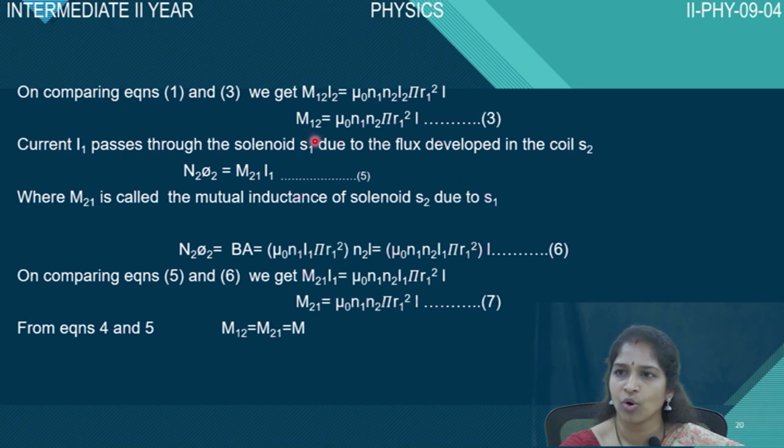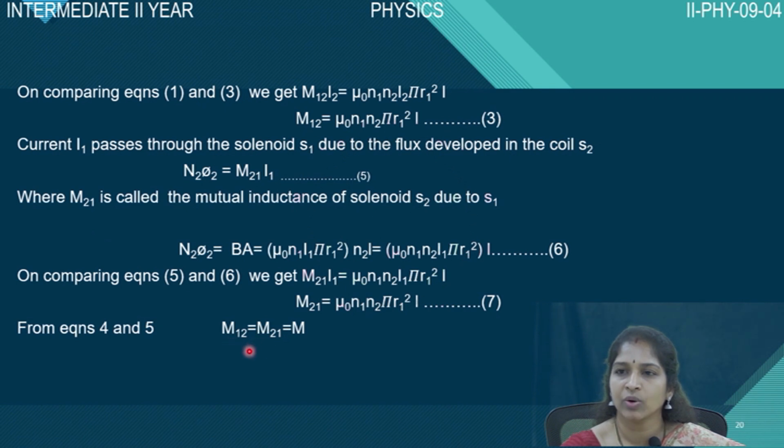M12 is the mutual inductance of solenoid S1 due to solenoid S2, and M21 is the mutual inductance of solenoid S2 due to S1. Both are equal, you can see. This is mu naught N1 N2 pi R1 square L, and this also is mu naught N1 N2 pi R1 square L. So we can write M12, the mutual inductance of solenoid S1 due to S2, equals M21, the mutual inductance of solenoid S2 due to S1.